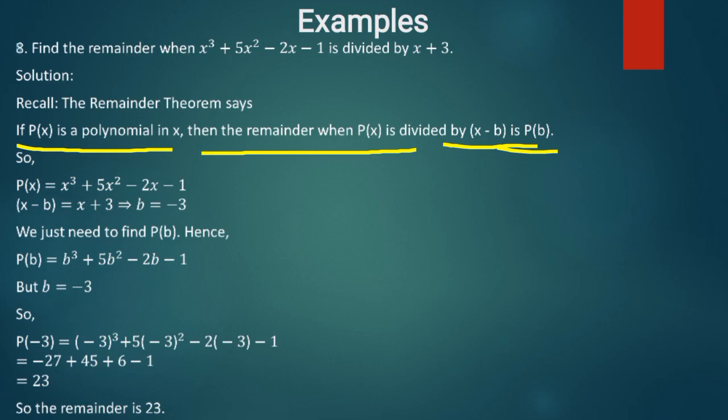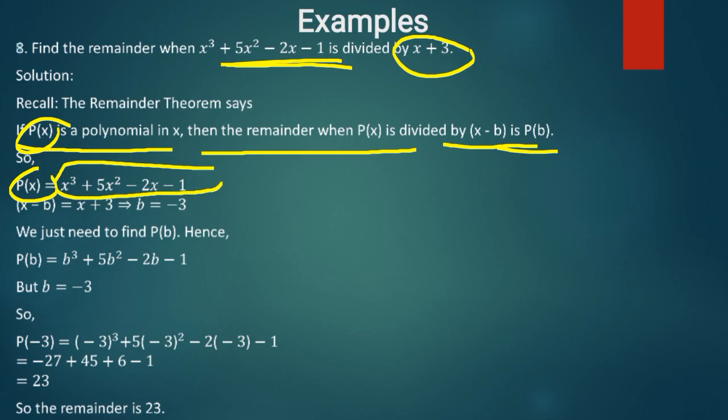So you need to be able to state this. We're told to find the remainder when this polynomial is divided by x plus 3. So note, we have a polynomial, which is p(x), and we are given the polynomial. This is our p(x), which is what I've written down here.